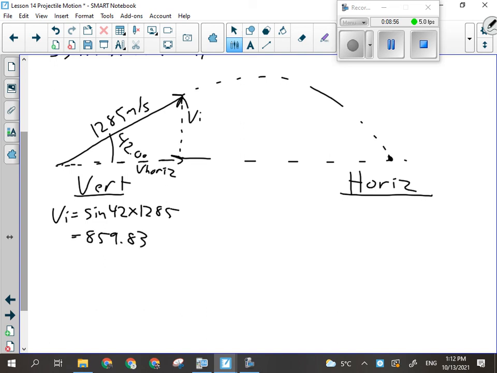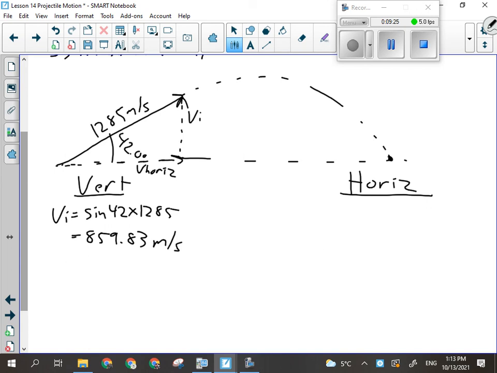Now, I rounded off, but I'm not rounding off in my calculator, and that's crucial. It's another mistake I see people make, and on your unit exam, it'll get you. You must keep all of your decimals in your calculator until the very end and then round. If you round off early, it'll cost you, because it'll make a difference in your calculations.